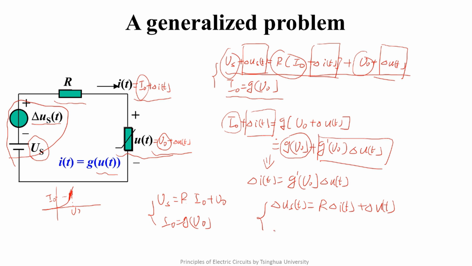That is, delta IT equals G'(U0) times delta UT. We need to make a description for the G'(U0). It means the value of dG over dU at the time of U equals U0. So if you have determined U0, then the G'(U0) is also a known value.